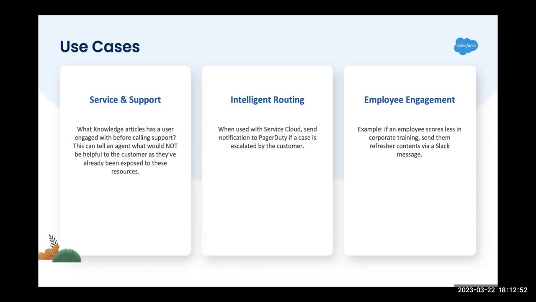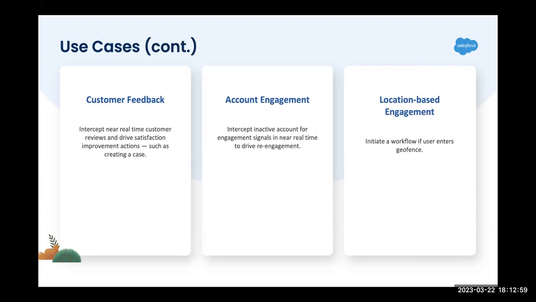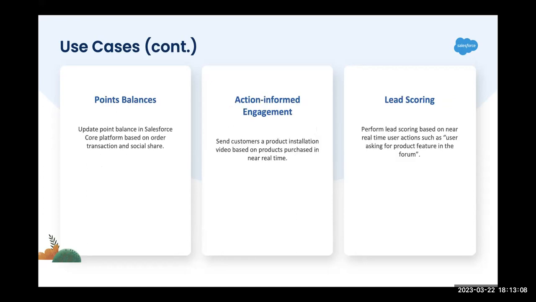Other use cases include intelligent routing, employee engagement, customer feedback, account engagement, and location-based engagement. These are some of the streaming insights you can leverage across systems, like points balances. If you look at Loyalty Cloud, the loyalty points are balanced in the Salesforce core platform, based on order transactions and social share.